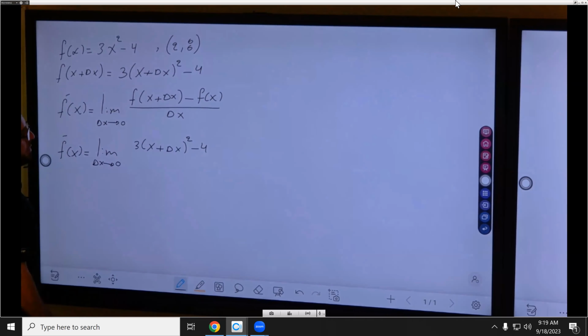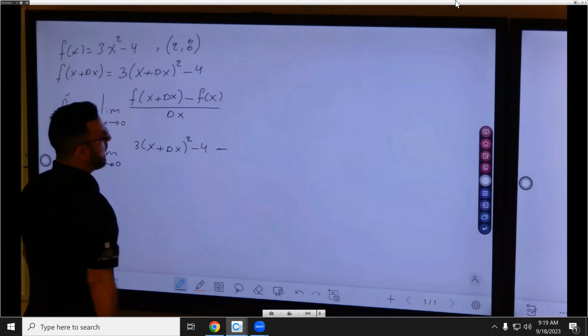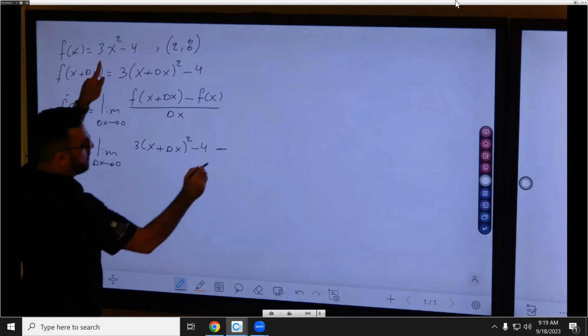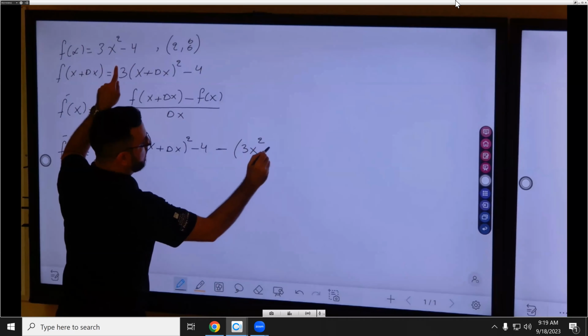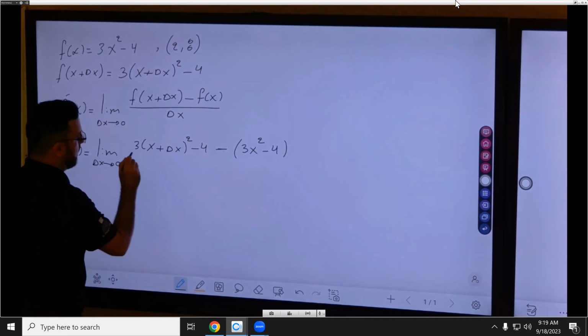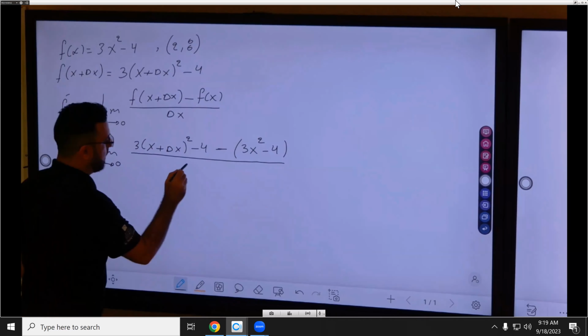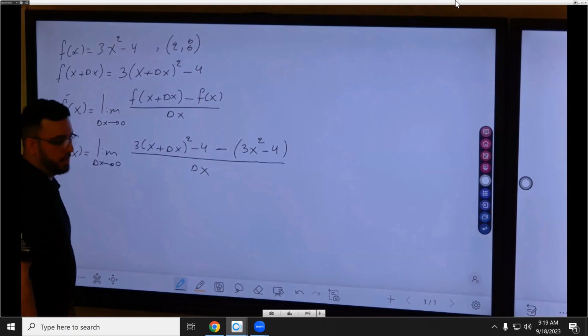What else? Minus f of x, which is the function here, 3x squared minus 4. And everything divided by delta x.